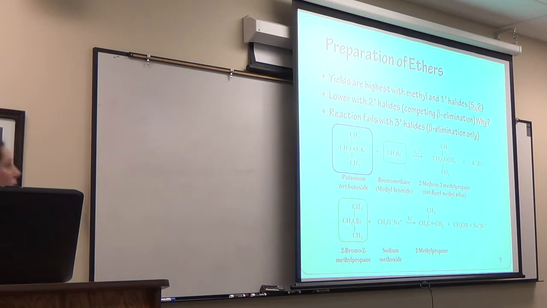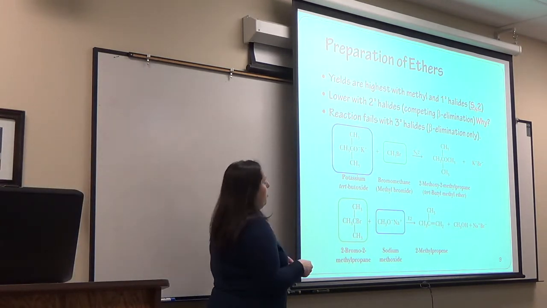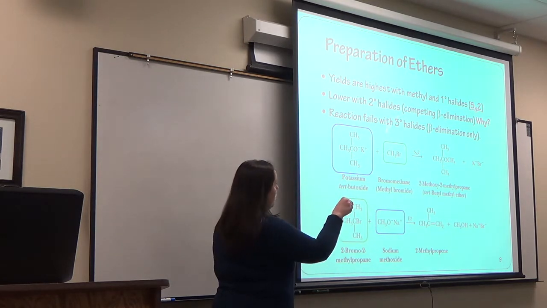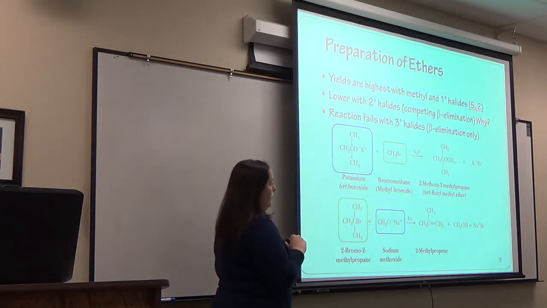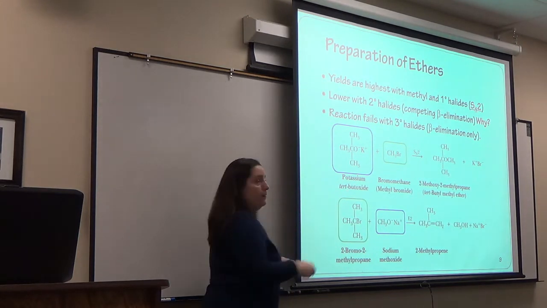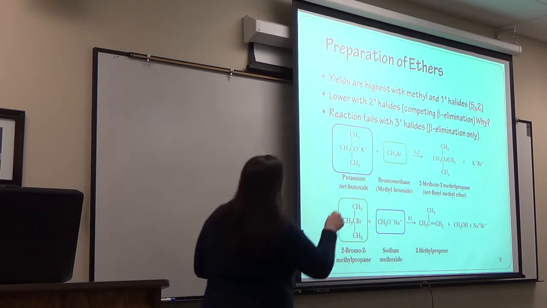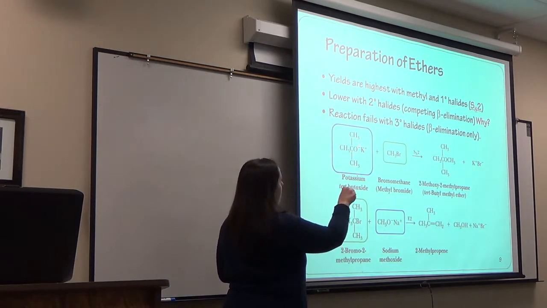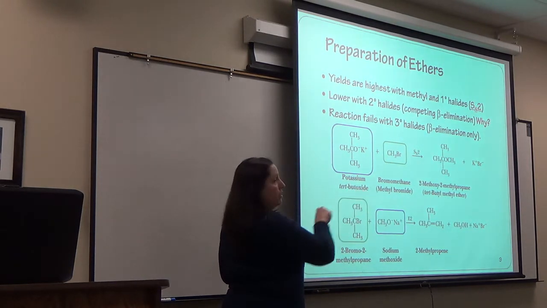So these are the halides in green, and the alkoxides are in purple. You have to make sure the small one is the halide. So this is a problem down here. The purple is the alkoxide, basically the nucleophile. This is going to attack the carbon with the halide, and the halide is going to be your leaving group.